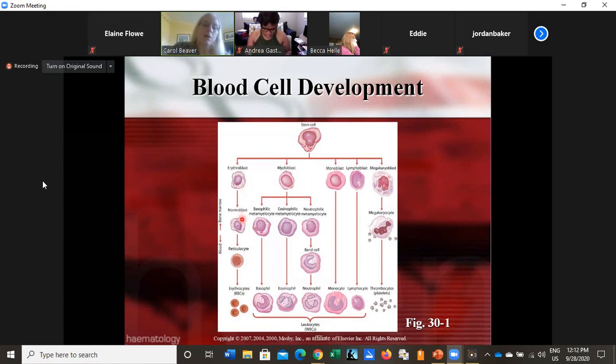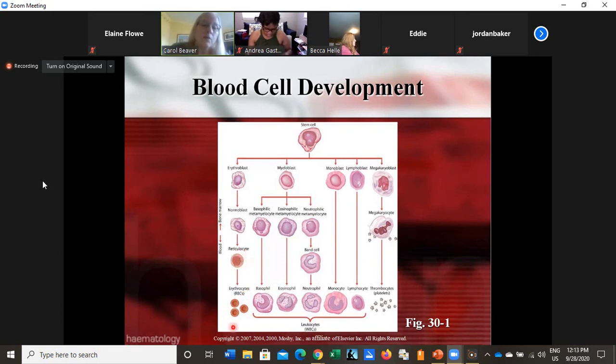Okay, so here we go to normoblast, and then we go to reticulocyte. And reticulocyte is, it is normal to have up to 5% of reticulocytes in the circulation, 5% of the number of red blood cells.